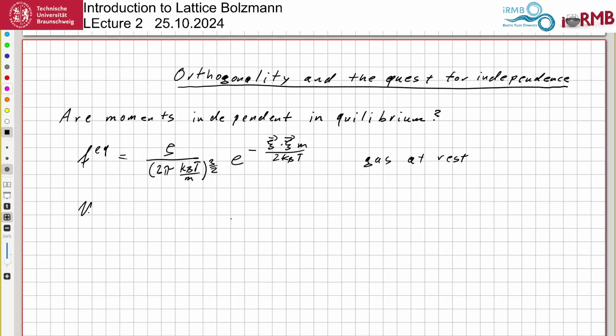So if we get second order moments out of this, or this particular second order moment, M200 of this equilibrium, we of course take the integral over the entire thing, to the power of 2/3, e to the minus xi times xi m over Boltzmann T, and we multiply this with xi times xi.